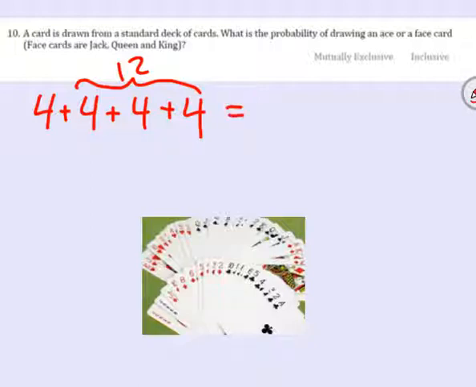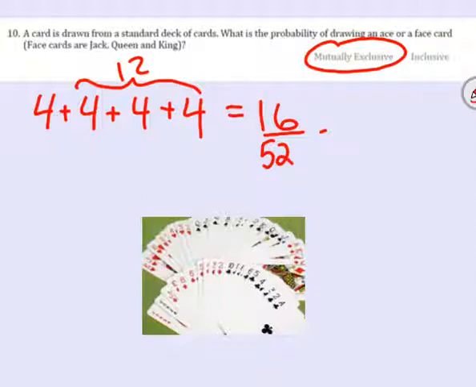So either way, this is going to be 16 cards. Now, there's not some that count as aces and jacks, so it's just going to be mutually exclusive. And if I didn't circle it, you know that last problem was inclusive because we had to subtract. And you should get 0.308 when you do this math in your calculator.